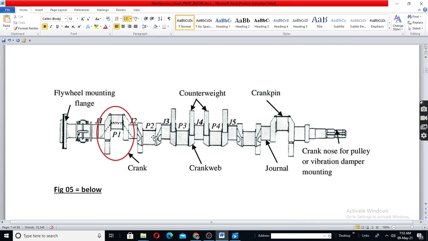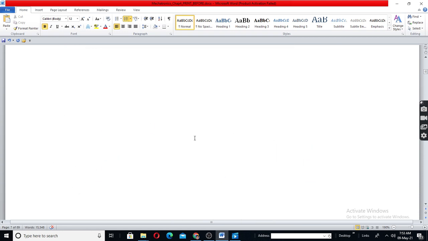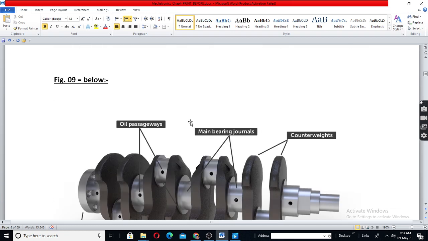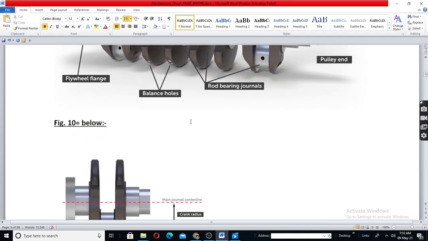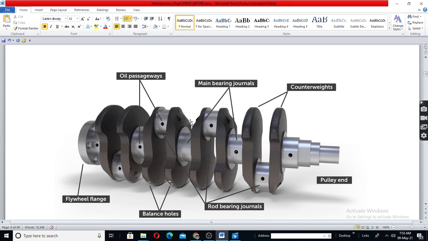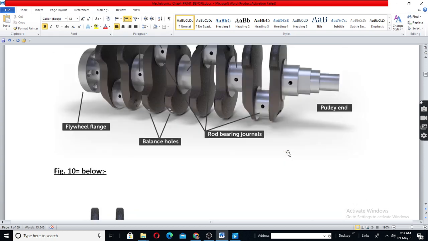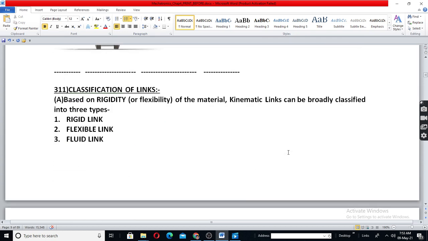For multi-cylinder there are lots of figures. For mechanical engineering students, this is required. For us, how much we concentrate on this is left to the students. In the crankshaft you will have two ends: one is the flywheel end, another is the pulley end. To the pulley, you will connect the crank arm.